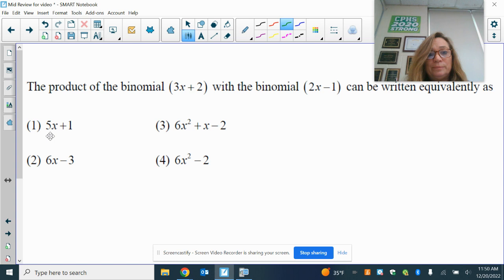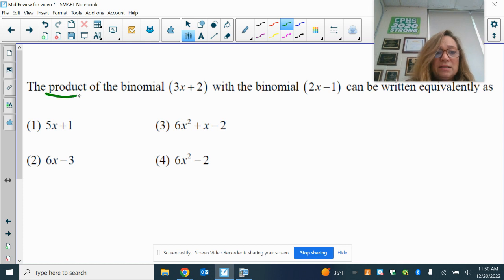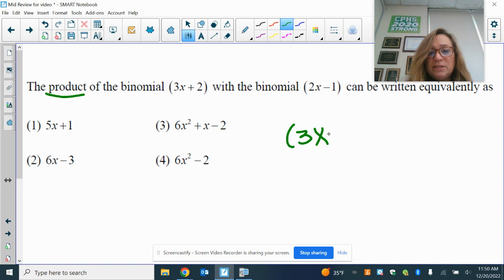All right, next question. The product of the binomial. So basically, I'm going to multiply because product means to multiply. So I'm going to multiply the 3x plus 2 and the 2x subtract 1.